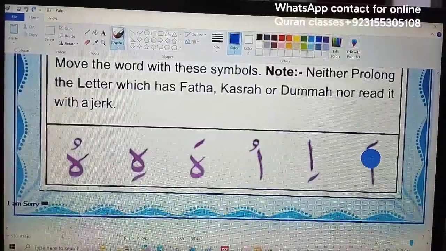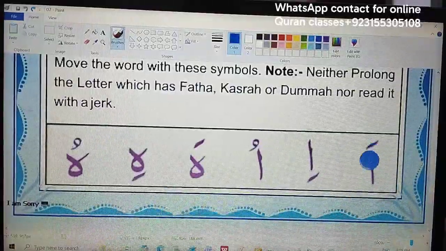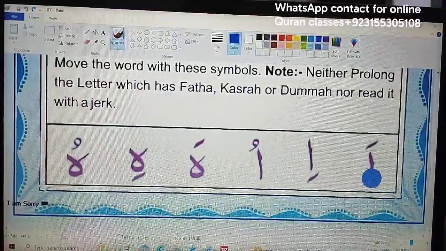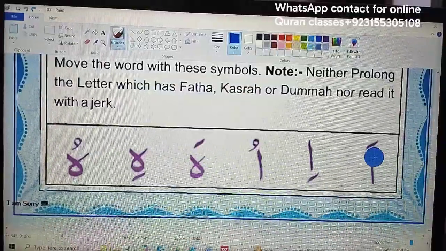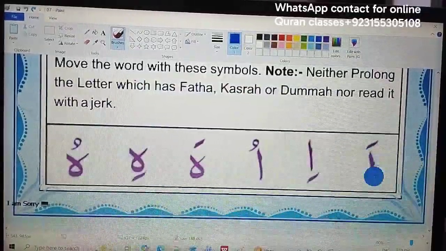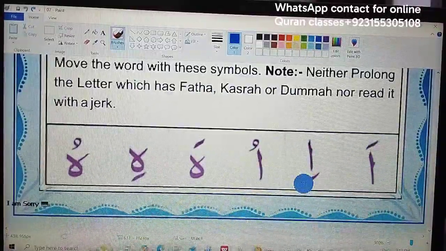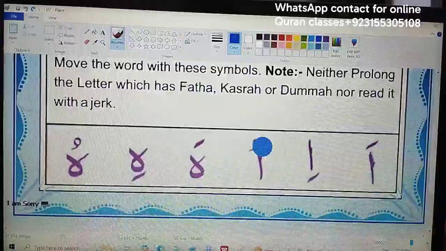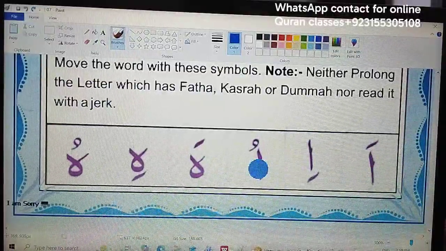This is not right. We read normally and lightly, and we don't stretch it, which is also not right. We read it normal and lightly: hamza, fatha, a. Hamza, kasra, e. Hamza, dhamma, u. A, e, u.